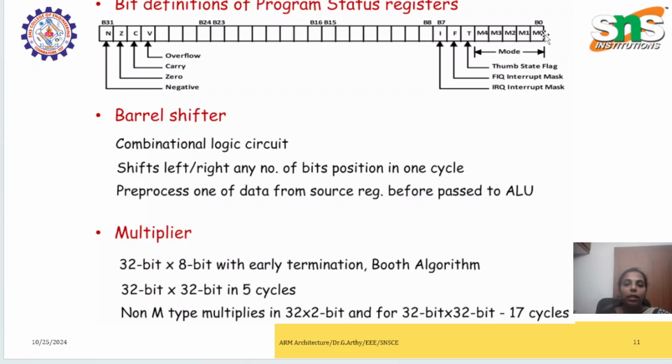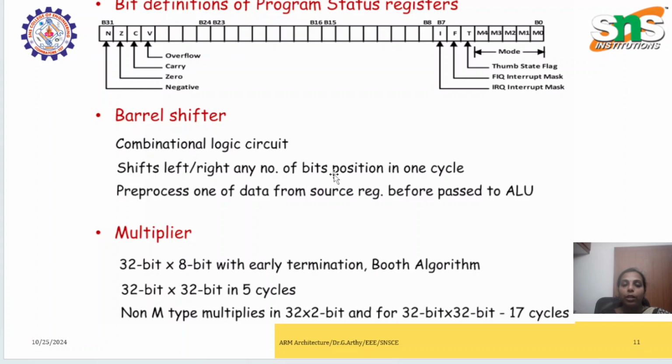Then the next bit denotes the thumb state flag. This denotes the FIQ, that is the fast interrupt request flag. Then this denotes the interrupt request flag. And here the top 4 bits are the negative, zero, carry, and overflow flags. Here overflow is represented by the term V. Normally O would be used, but in ARM, V is used.